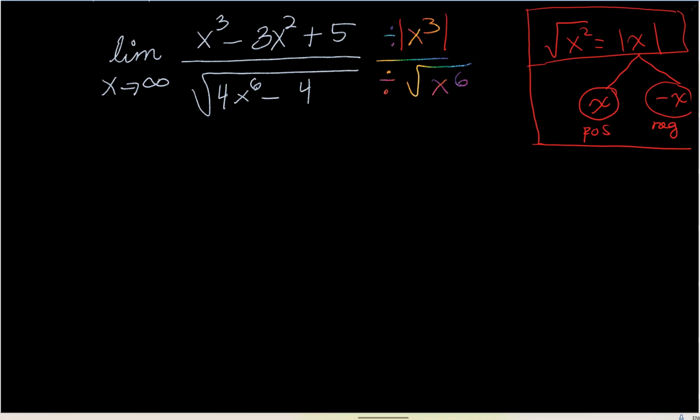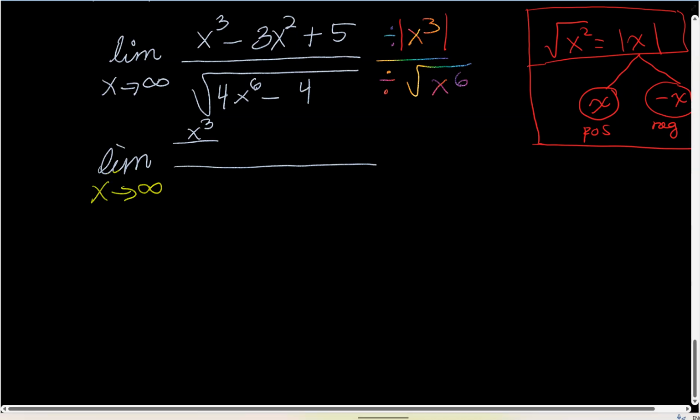Okay, so how does that change? Well, when x is a positive number, it really doesn't matter, but it will make a difference when x is a negative number. So in the limit as x goes to infinity, you would consider the fact that x is a positive number.